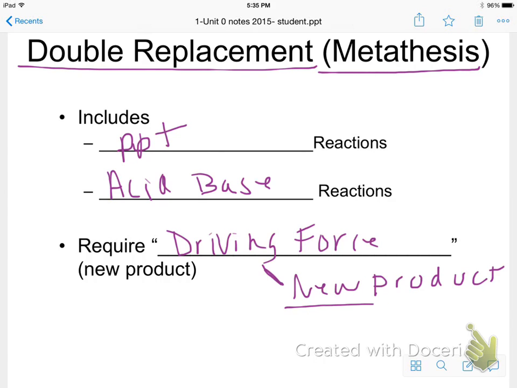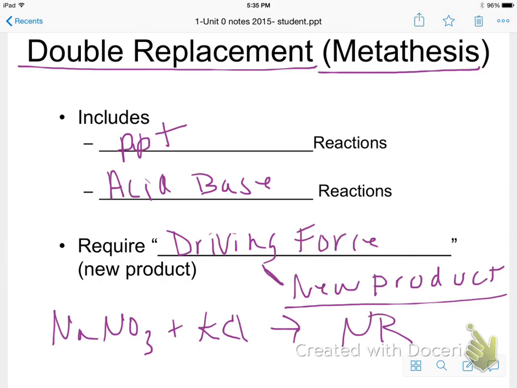So we call the new product formation a driving force. Because in fact we can combine some things. For instance, if we were to combine sodium nitrate and potassium chloride, as it turns out, I end up with no reaction. I just end up with a bunch of ions here and a bunch of ions here. I mix them together, if these are aqueous, and nothing new forms. I just have ions floating around.